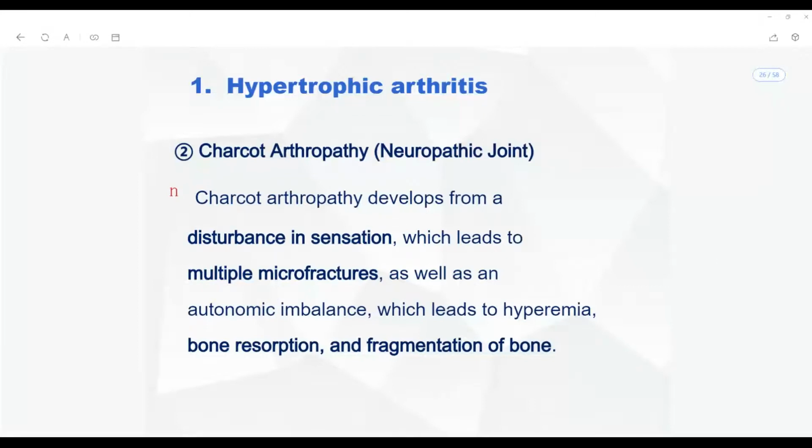Can somebody tell me what is hyperemia? Yes, excessive, but not exactly excessive blood.